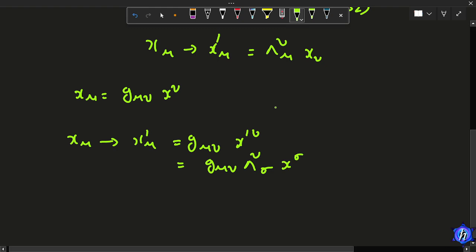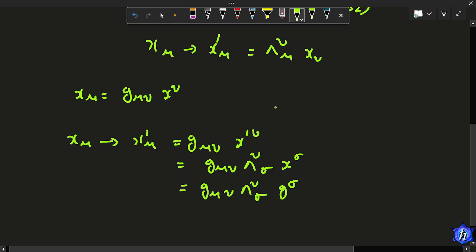You can take any indices. I'm just taking sigma because that's how the order goes. I'm used to this order, so I'm using this. We can further write it as lambda x nu and g.